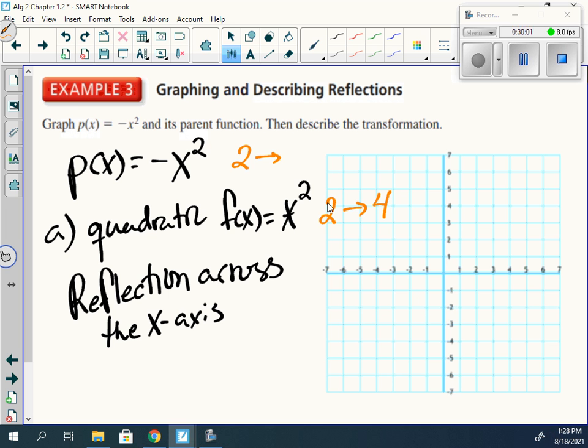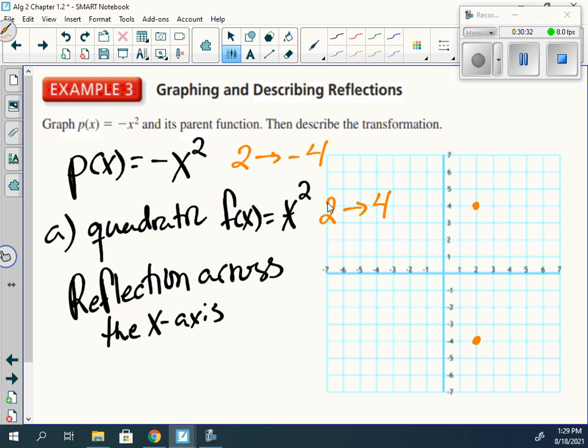It is now negative. So the original function was (2, 4), and our new one is (2, negative 4). So it took the point that was originally at (2, 4) in the positive first quadrant, positive x, positive y, and now has a positive x but negative y. It flipped it across the x-axis.